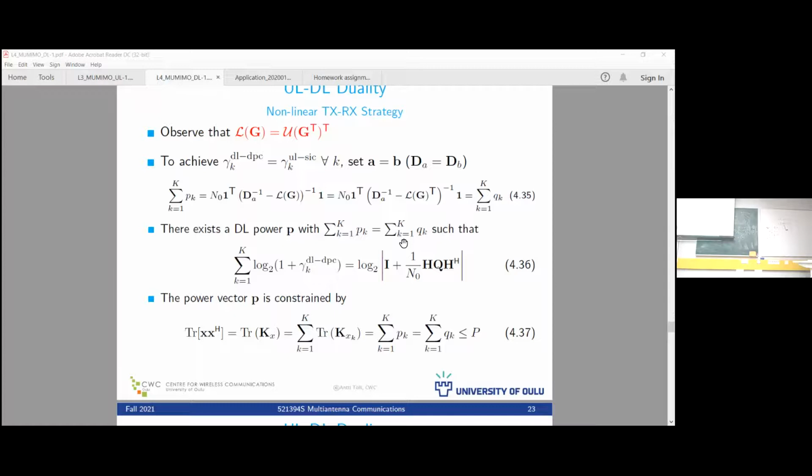This is the same as summing user-specific covariance matrices. This is the same as user-specific power, sum power in uplink, right? And this is now constrained by P, just one power constraint.